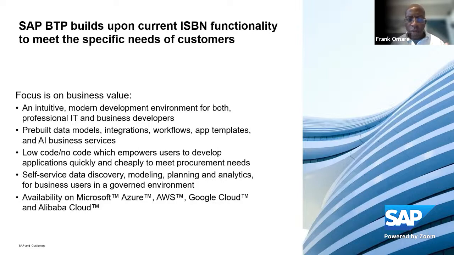There's a lot of pre-built data models and integration of workflows, which means that the platform is easy to use and quick to use. It's got self-service data discovery, modeling, planning, and analytics, and it's also available through some of our cloud partners. Okay, so that's B2P in a nutshell.